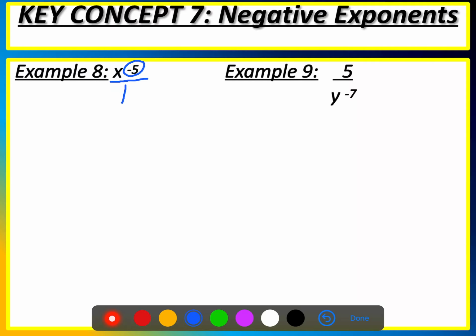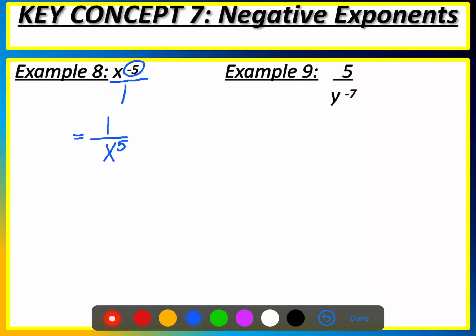And you'll see in a minute when we put all of these rules together that you're going to have other terms in there, so you can't move the entire problem. All right, but for this, x to the negative 5, we're going to move it to the bottom, and it's going to become positive. Okay, so what is remaining in the top when we do that? It's just a 1.